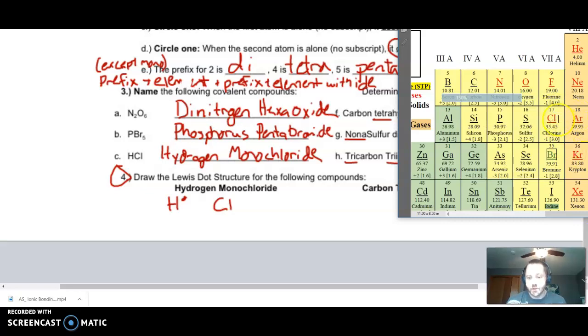Chlorine wants to gain 1 electron. If we look at this, 7 valence electrons, it's important to remember that every single electron, like you see right here, is a bond that wants to be made. So with that, I'm just going to draw my bond between these. I'm not going to draw an arrow like I would have done with ionic.